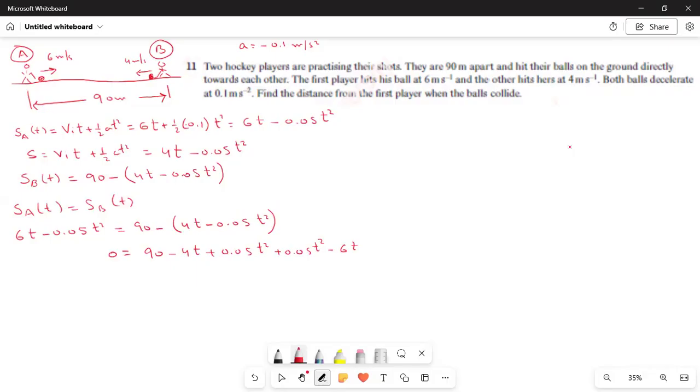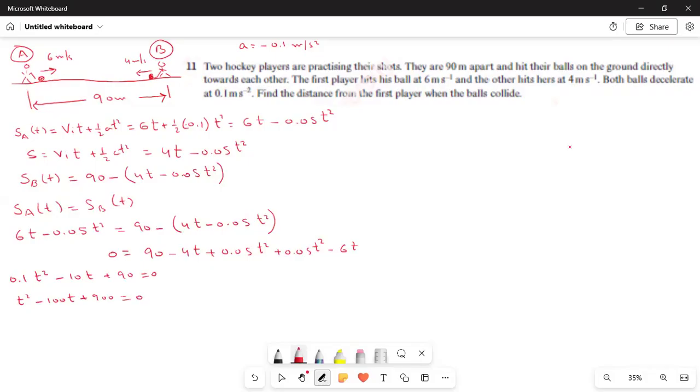So this would be 0.1 t squared, and minus 4 minus 6, it is minus 10t, plus 90 equal to 0. To make the math a little bit easier, if I multiply the whole equation by 10, it will become t squared minus 100t plus 900 equal to 0.